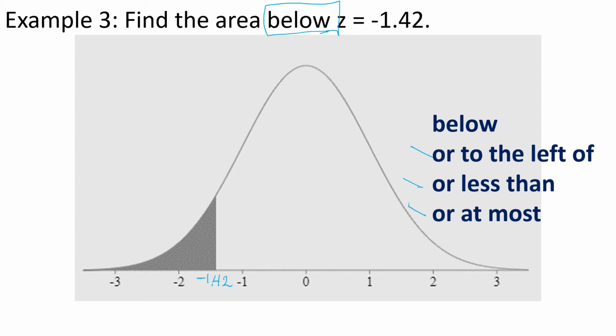Or it can be rephrased as find the area less than z equals a certain number, or find the area where z is equal to negative 1.42 at most. At most means all the numbers to its left and exactly equal to it. So all the numbers to its left again, or below, or less than.